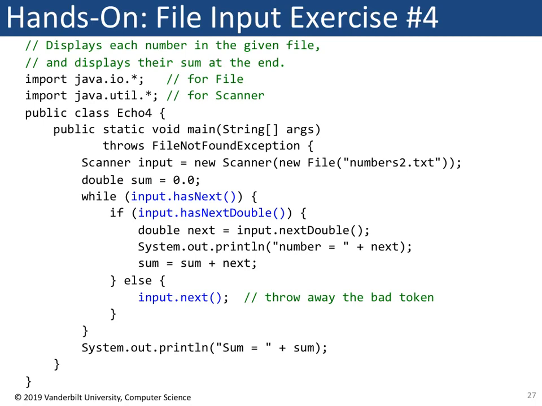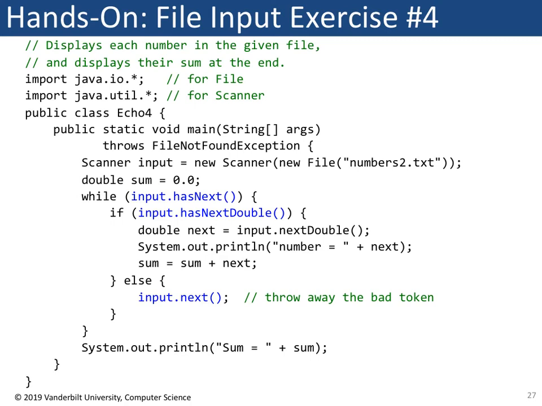Then inside this while loop, instead of directly processing the input as a double, we have to check, are we dealing with a double? So if input.hasNextDouble is true, we will get the next double, store it in next, and then print it and increment sum by the value in next.